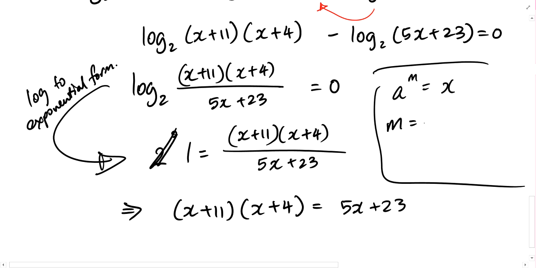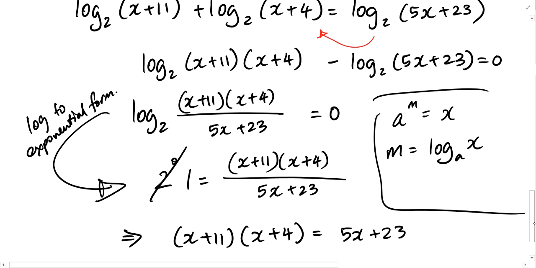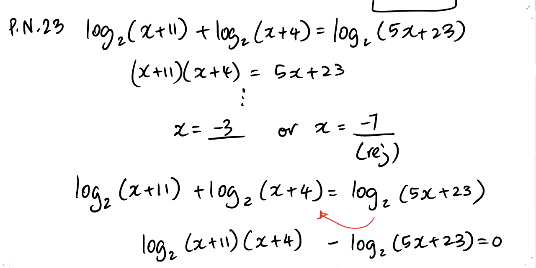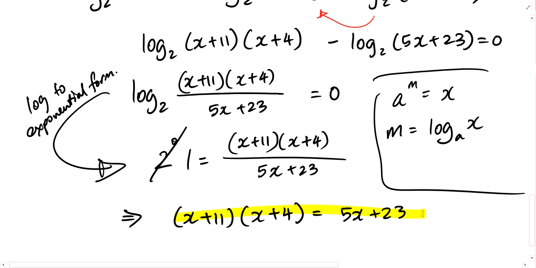So m equals log base a of x. Converting. Then why suddenly cancel? Because 2 to the power of 0 is 1. Oh. Now we see that I get the same exact quadratic equation.